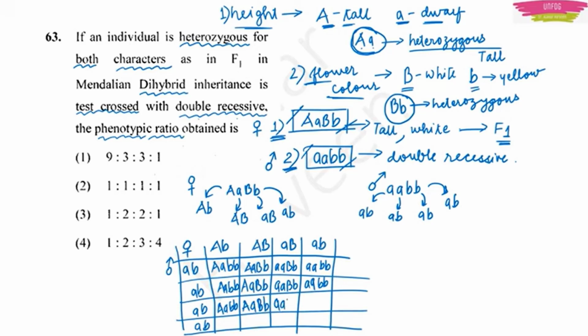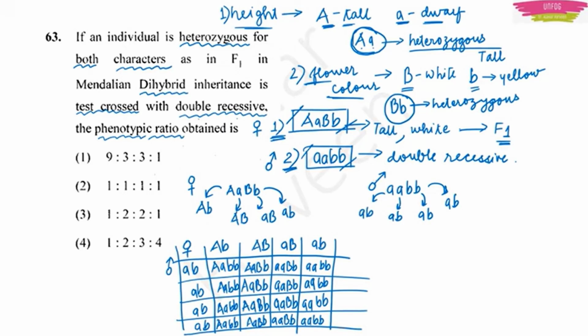Then small a, capital B, small b. Small a, small b, small b. Then next we have again capital A, small b, small b. Capital A, capital B, small b. Then again we have small a, capital B, small b. Small a, small b and small b. Okay.